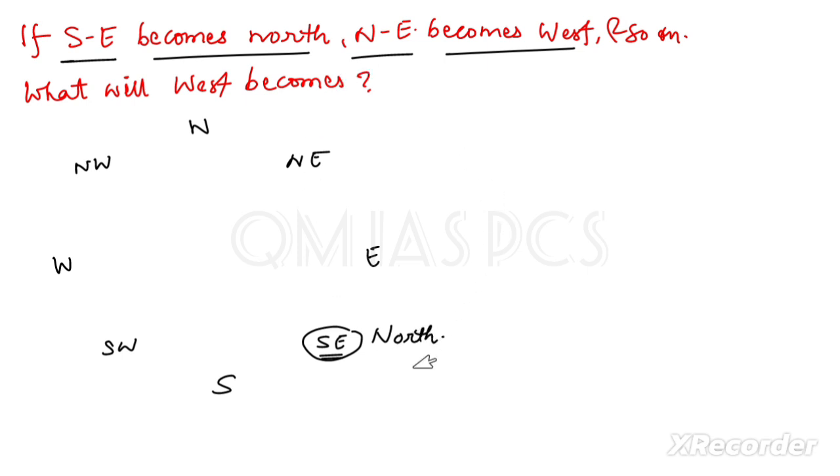Now if this is north, obviously the opposite to north is what? South, right? Okay. Now see, look at this one. If this is north, this is south, so you can say the right side is east.